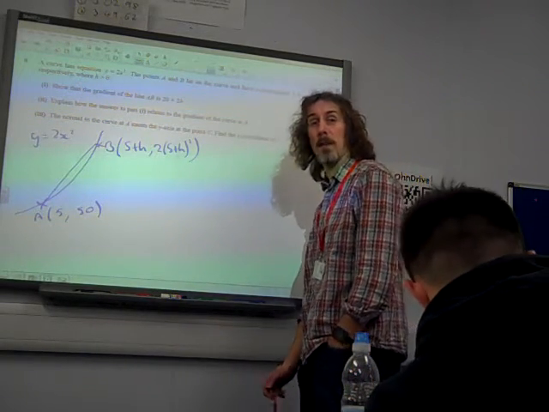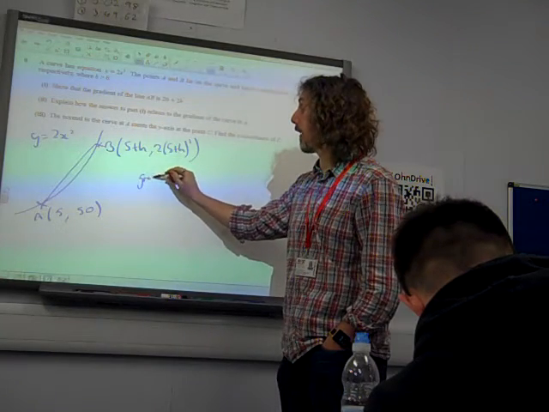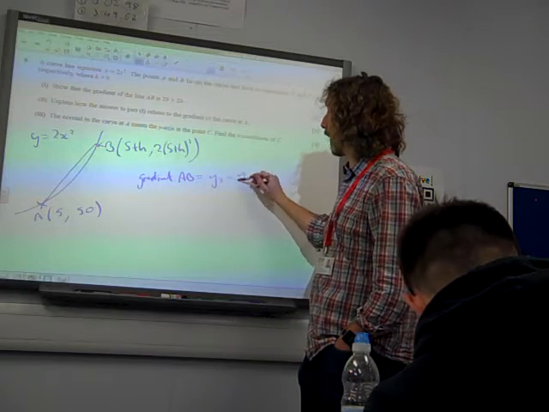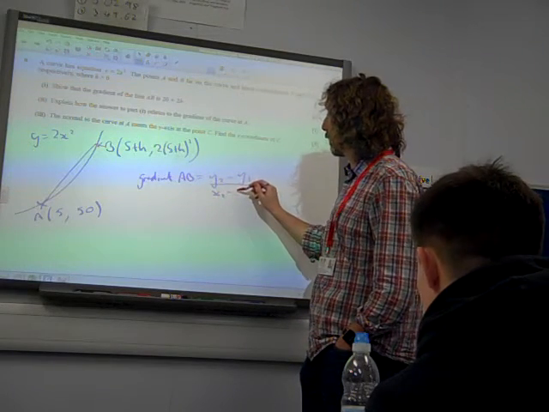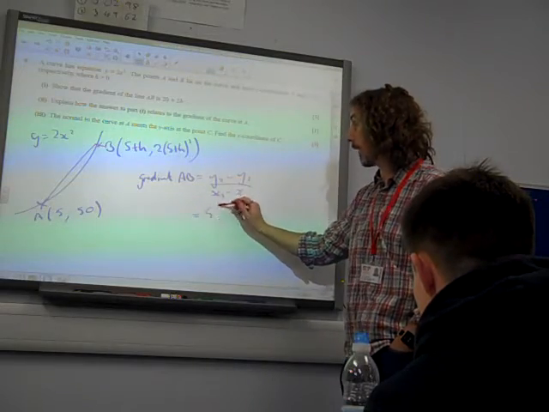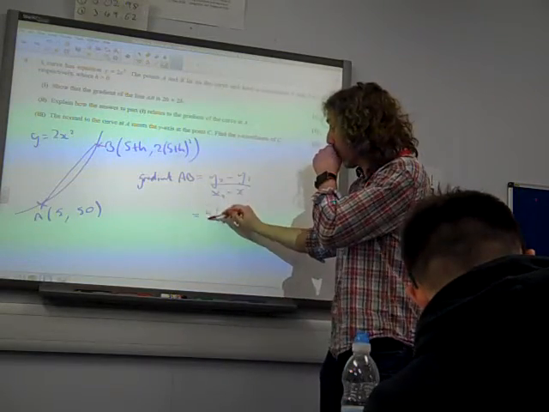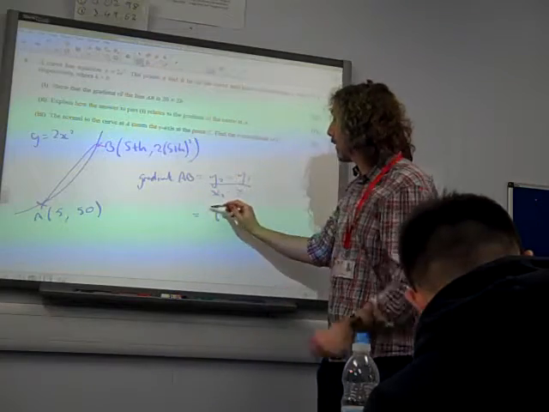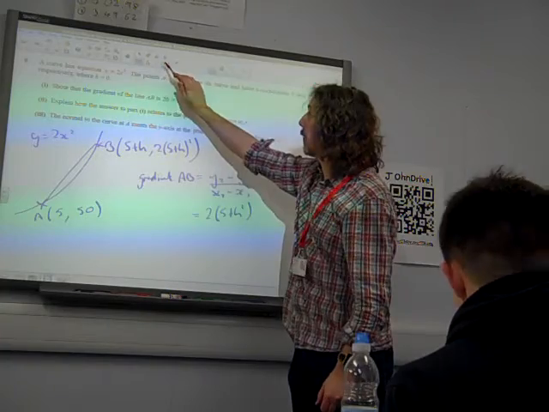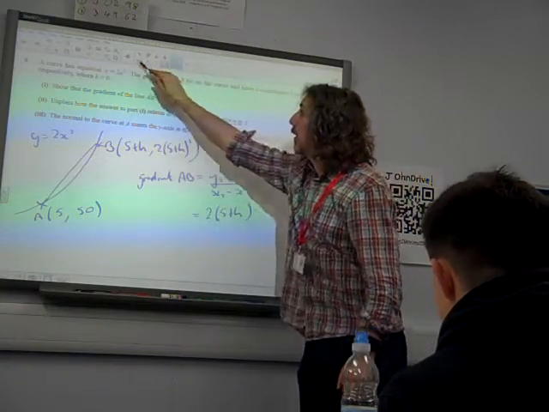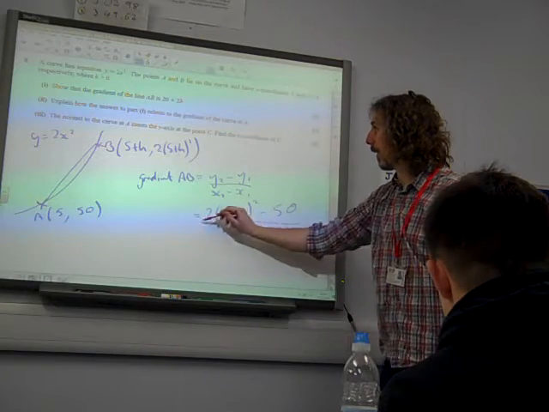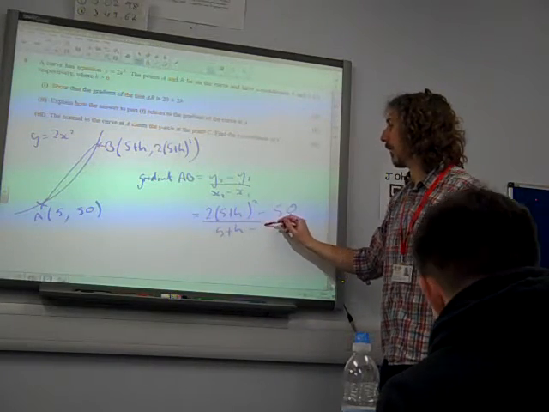And we know how to do the gradient of a straight line. The gradient AB is, well, even if we haven't remembered that formula, y2 minus y1 over x2 minus x1, it's the change in the y values: 2 brackets 5 plus h squared, take away 50, divided by 5 plus h, take away 5.